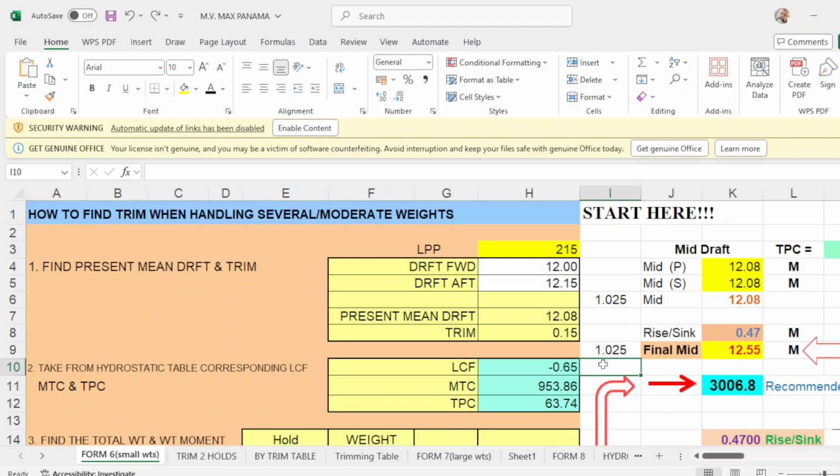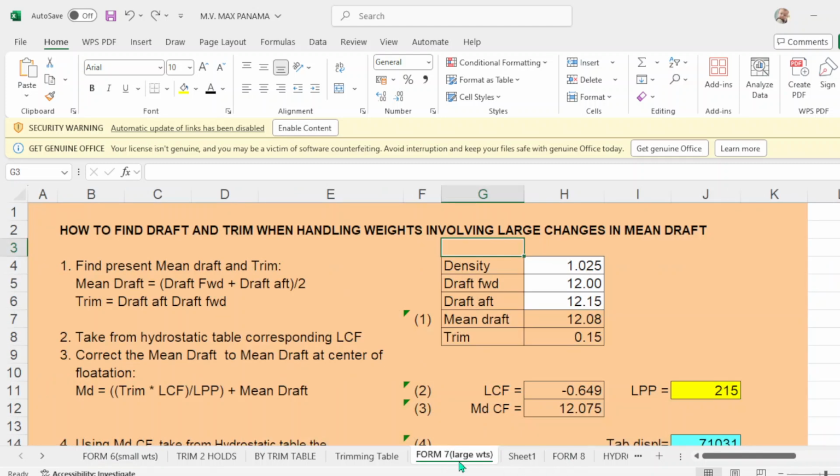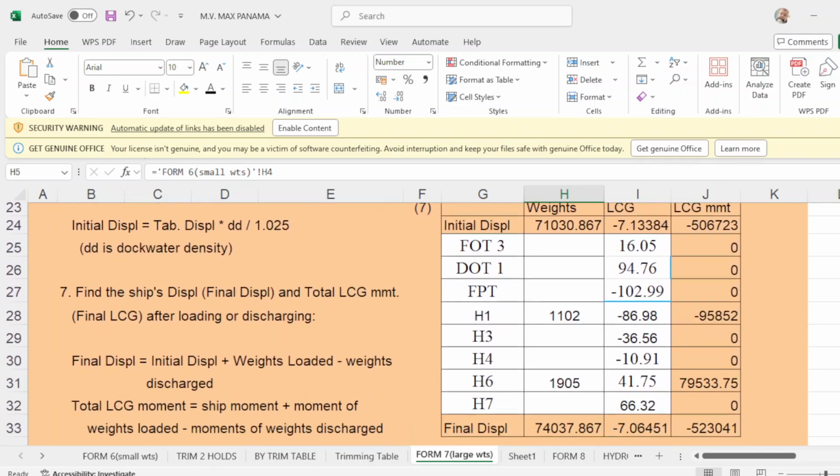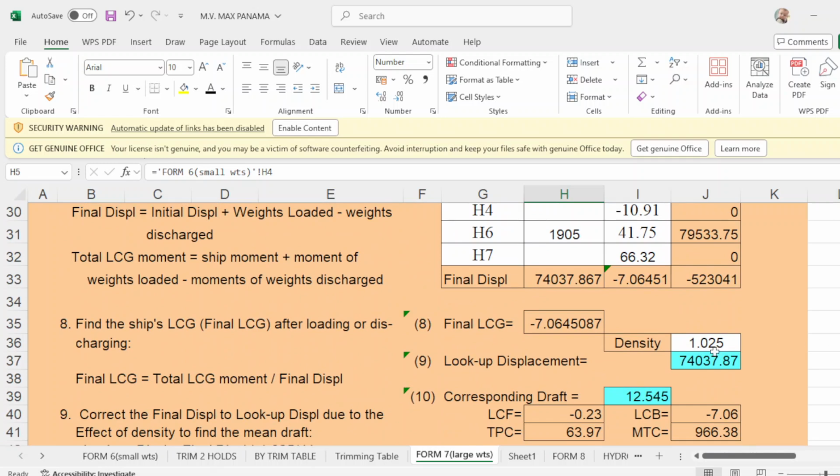Upon completion is 1.025. So in this program of number 7, you put the density of 1.025, which is the saltwater. Input the forward and up drop initial of 12.5. And the final density you put here, saltwater of 1.025.